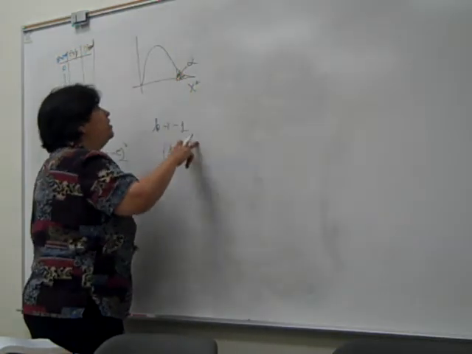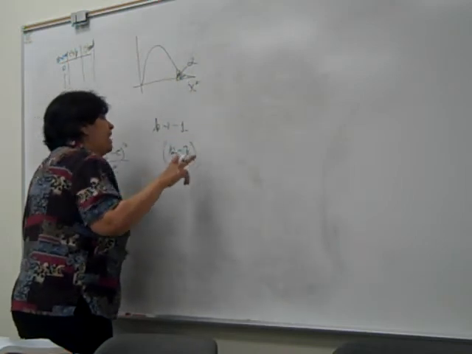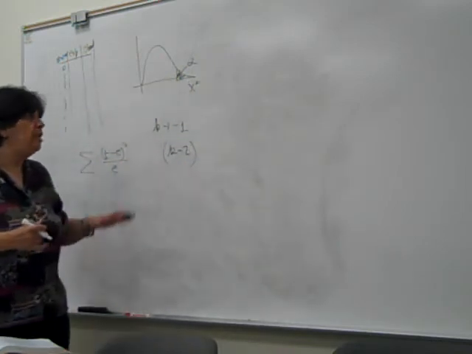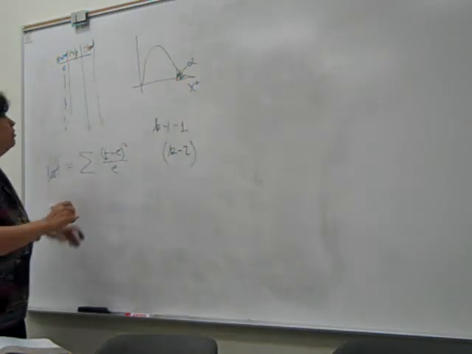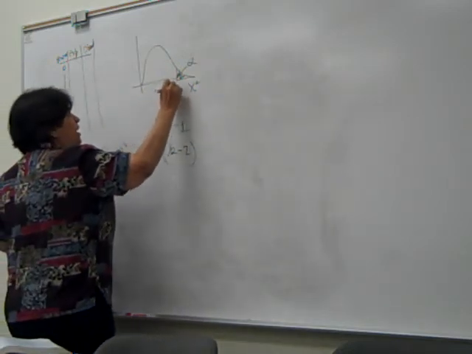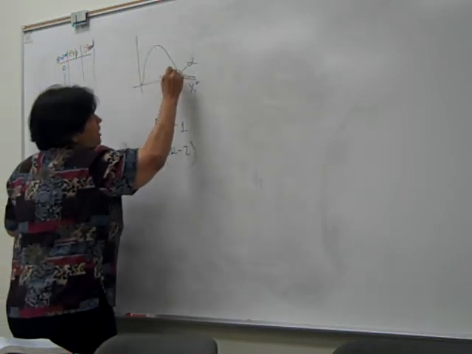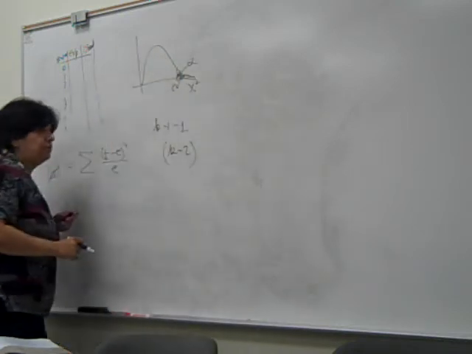So we're going to have a chi-square with k minus 2 degrees of freedom, and we compare this test value with the critical value. This is the rejection zone, and this is the non-rejection zone.